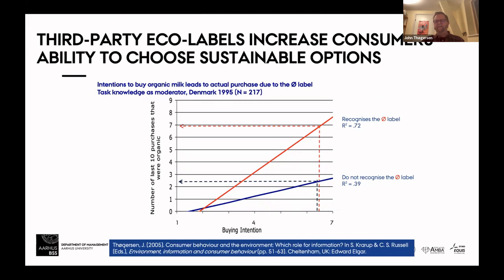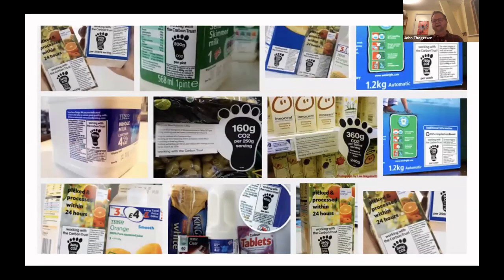It doesn't make people who have a low buying intention, down here, buy organic food. It only made those that had a high buying intention buy organic food. So a label helps those consumers who want to buy the eco-friendly products. But it does so only if consumers understand it.